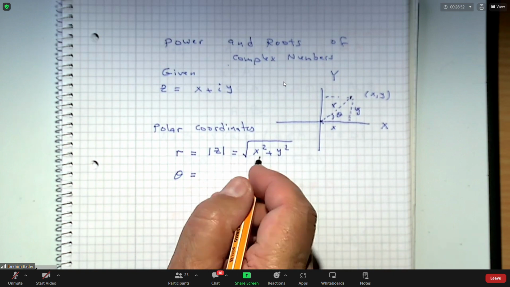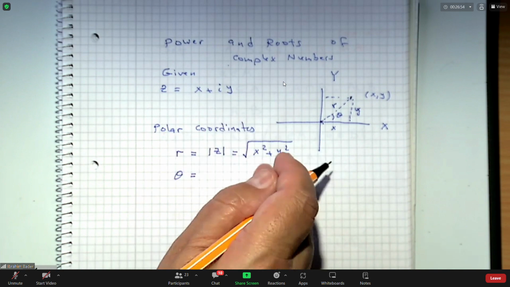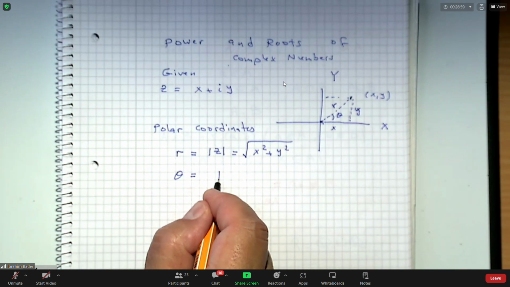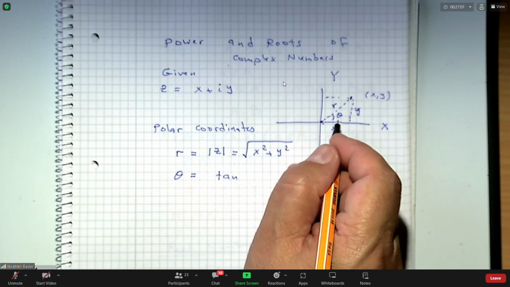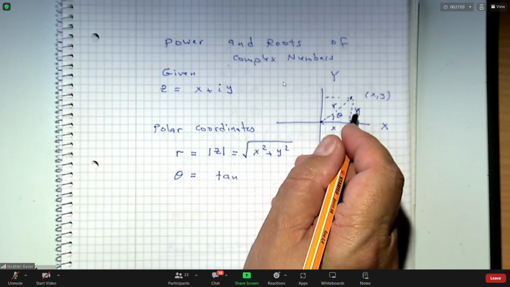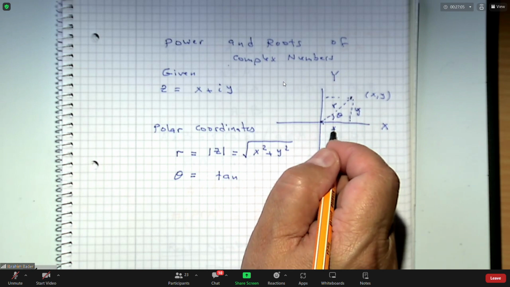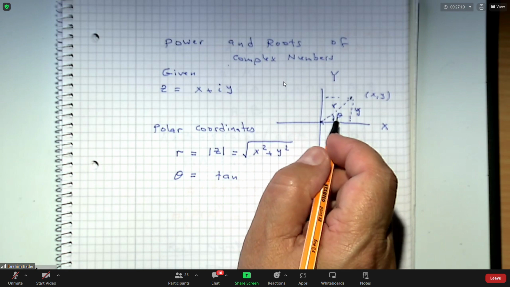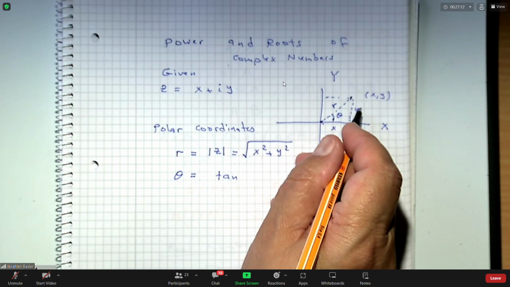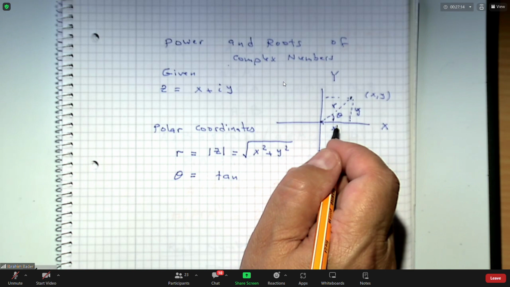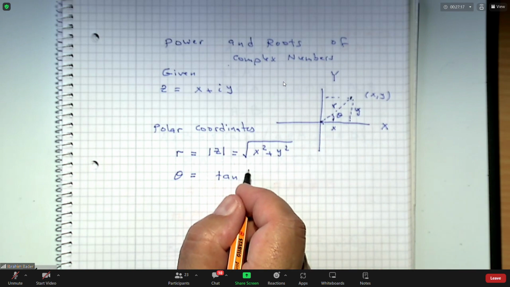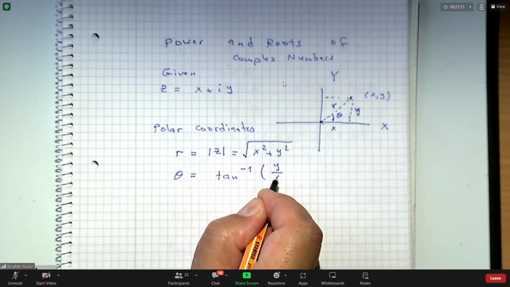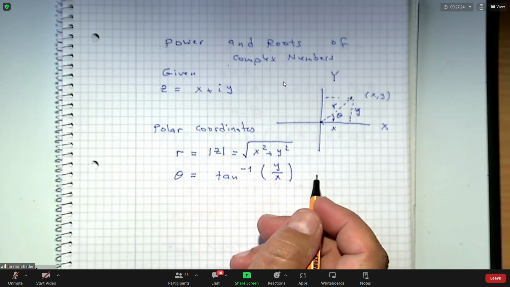Whenever we are given XY coordinates, we evaluate the corresponding R, and the angle is: tangent theta is equal to Y over X. You know this from trigonometry at school, with a right triangle, it's the opposite side divided by the adjacent side. If I take the inverse of this tangent, I end up evaluating theta.